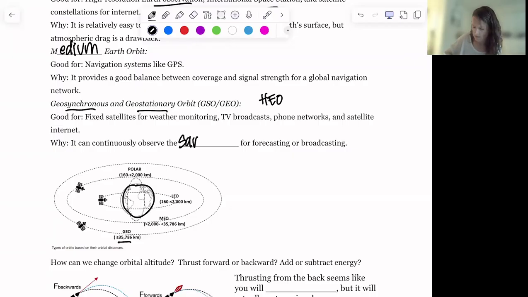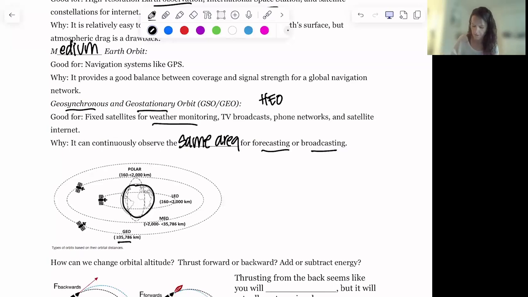Essentially it's going to orbit Earth as Earth turns around, so it's going to be over that same spot. That's how far out you need to be in order to do that. And so that's really helpful for forecasting, broadcasting, and weather monitoring. So just a lot of different things going on here.